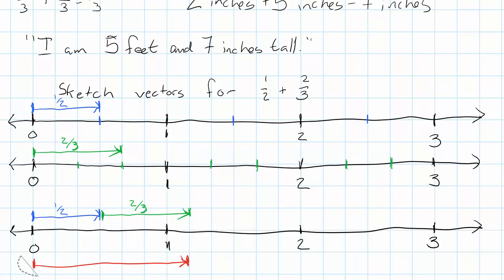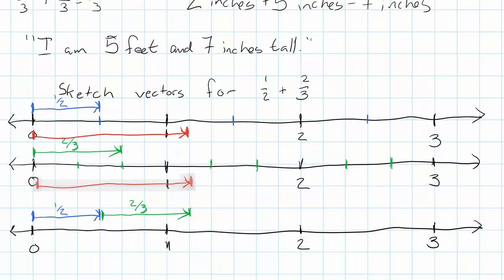So what is that? Well, first of all, if I pick this up and I move it up by my first number line, I see that this does not correspond to any of the half marks. My result is not a number of halves. Similarly, if I move this over by my second number line, I see that it doesn't correspond to any of my third marks.